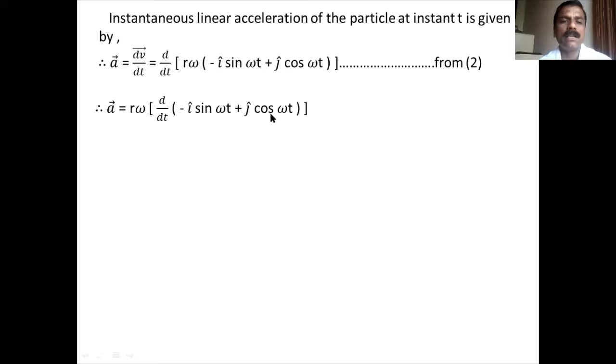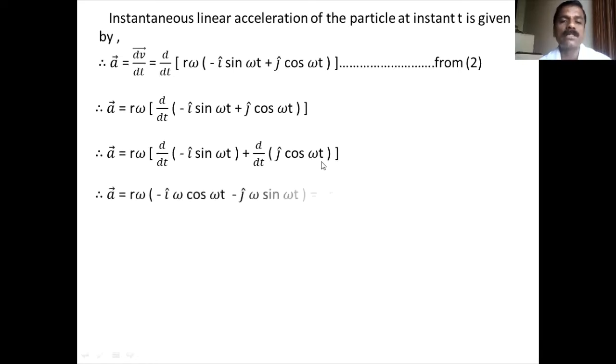Similarly, in the next step, R omega is taken as a constant, and these are two terms, so it can be written separately. That is d by dt of minus i cap sine omega t plus d by dt of j cap cos omega t. Again we can find the derivative separately.